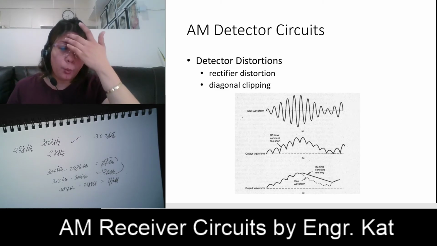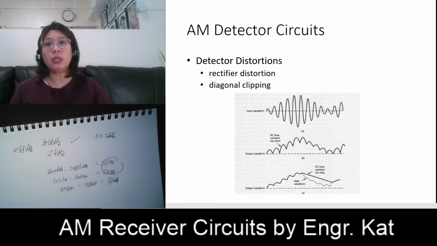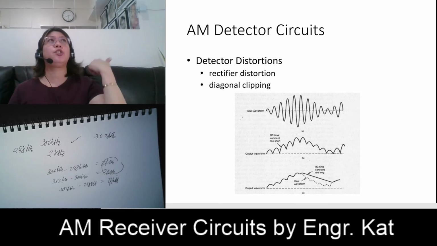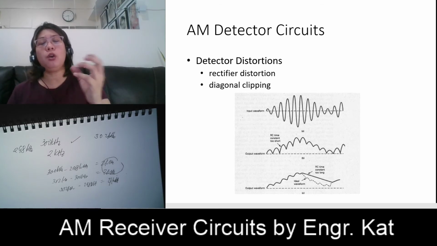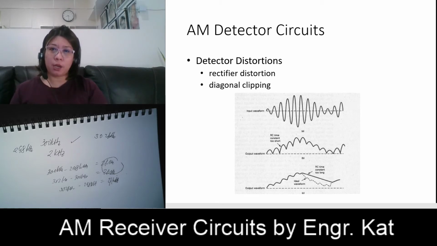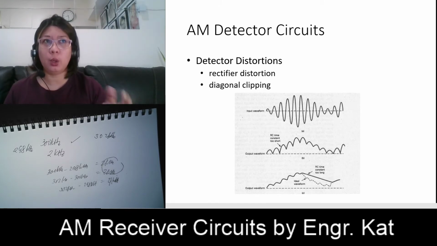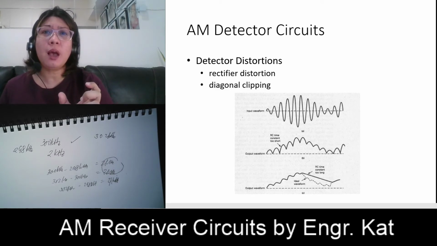When your capacitor is charging too slowly, the turning on and off of your diode is very short or very long. Therefore we have what we call the rectifier distortion, where most of your input signal is being cut off.